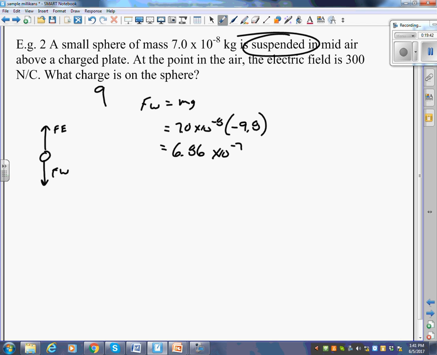And that's a weight force, so that is in newtons. And technically that is negative, which means then that the electric force is going to be positive, 6.86 times 10 to the minus 7. Negative goes down, yeah?